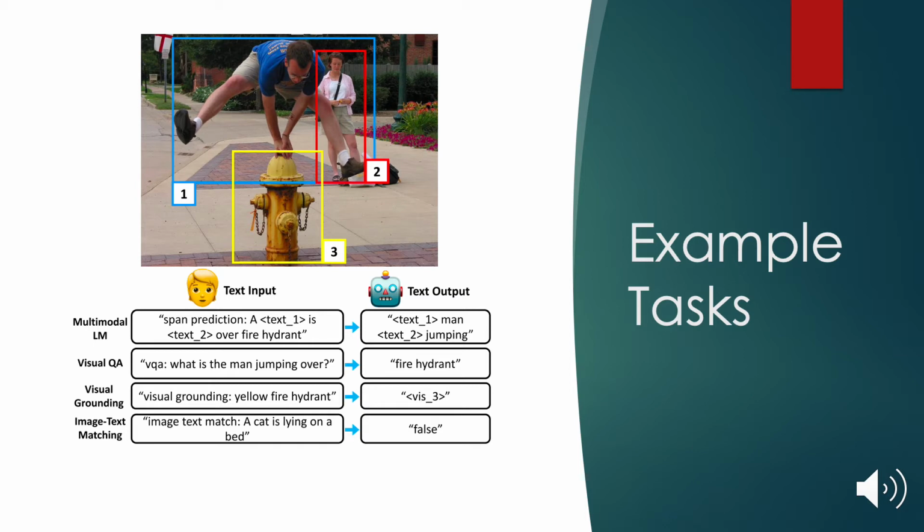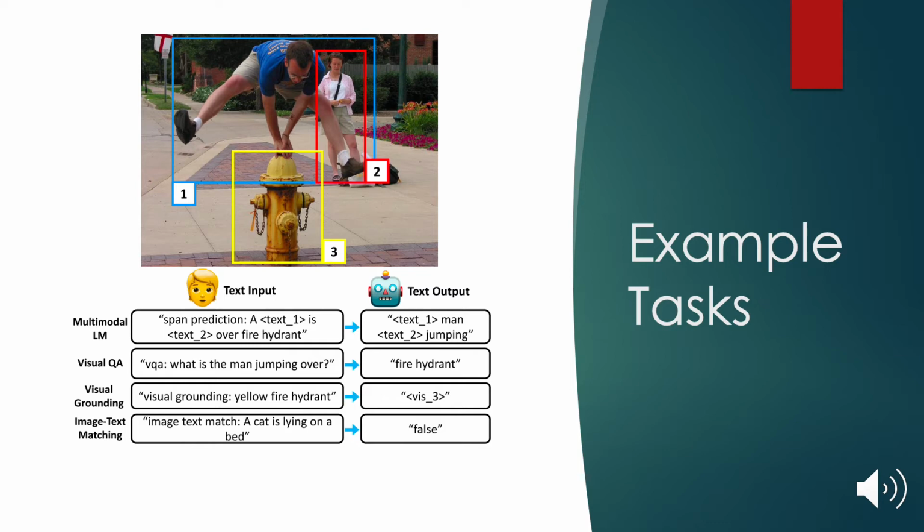So here we see 4 tasks. Multimodal language model, where we're asking it to predict what's text 1 and text 2 based on context. So we're asking blank is blank over the fire hydrant, and we see that the output here is text 1 is man and text 2 is jumping. So it correctly identified what exactly is happening and who is doing it.